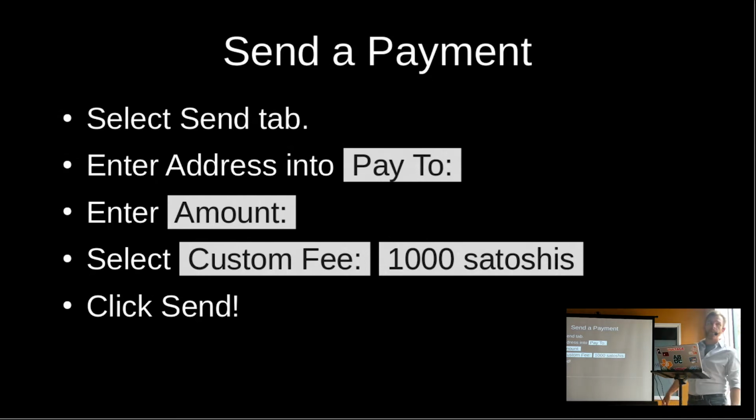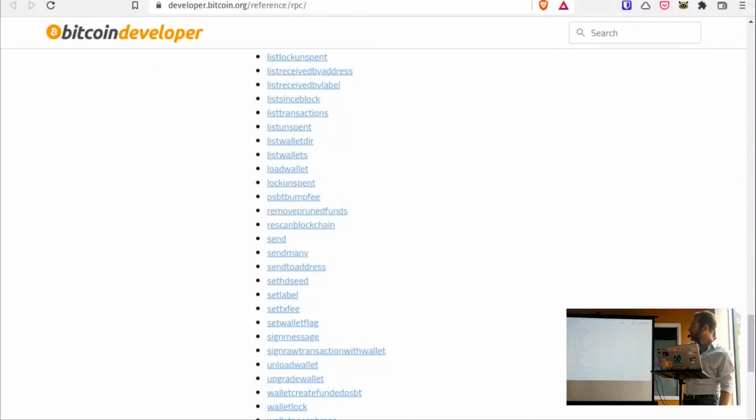So that's where mining comes in. When you send this payment, it will not be reflected as being complete in your wallet until you mine a block. You have to mine a block in order for your transaction to be valid.